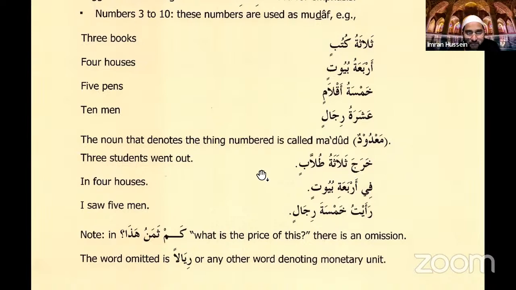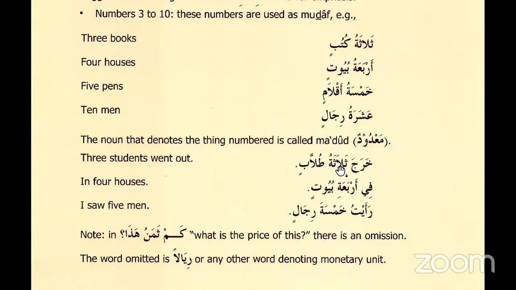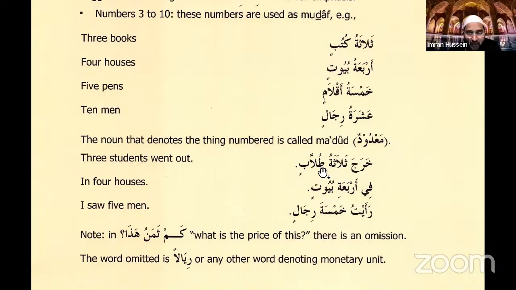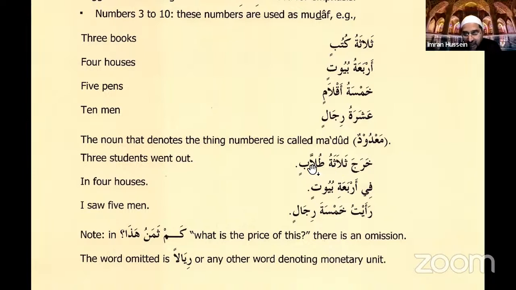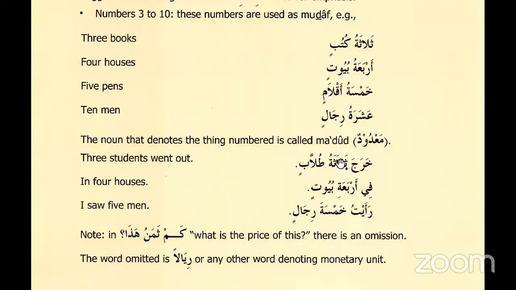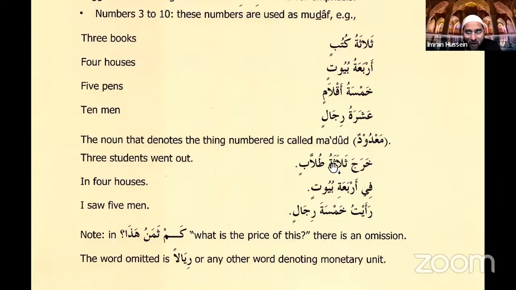For example, kharaja thalathatu tullabin. Now we're talking about 3 students. What are they doing? They are leaving somewhere. So for this reason, thalathatu tullabin is mudaf ilayh, and it's coming as the doer of the verb. So that's the reason why it has a dhamma here.